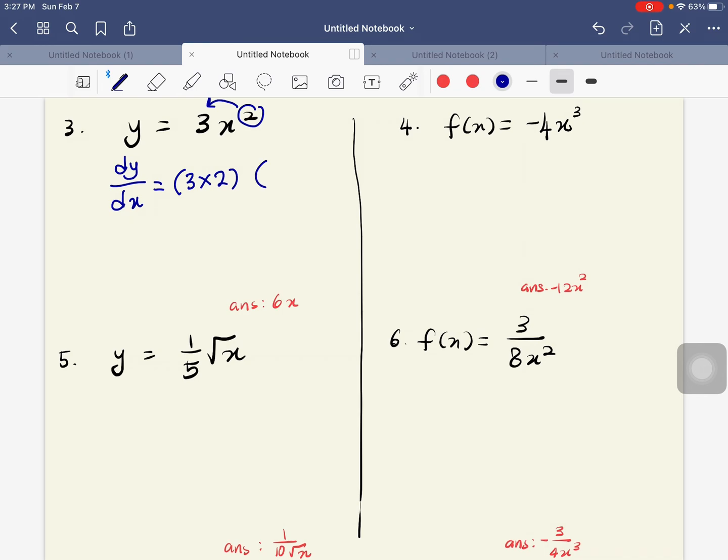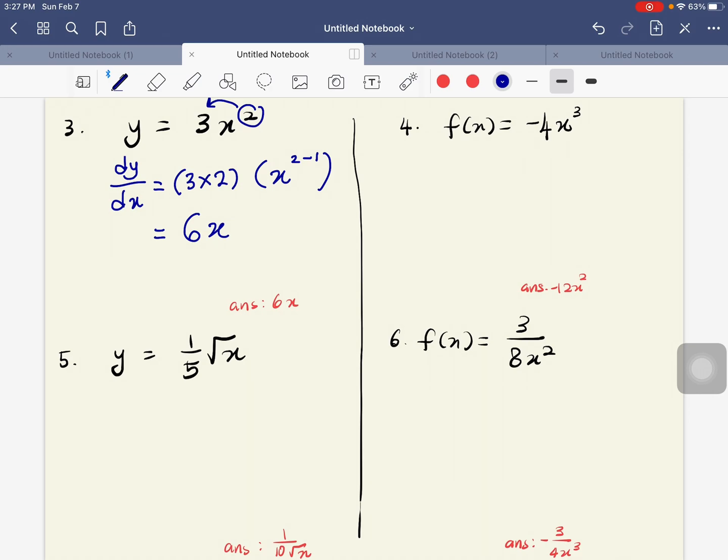So what happened next is x 2 minus with 1, because what we do just now, we just reduce the power of x to 2, then we have to deduct it with 1, so that means reducing the power. So you get 3 times 2 is 6, and x to the power of 2 minus 1 is power of 1, so 6x.